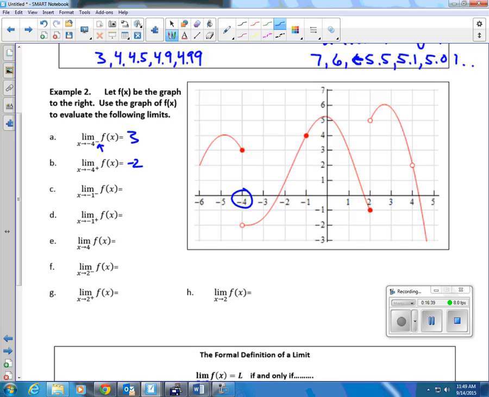However, I'm going to make a statement here. f of -4 is equal to what? What is f of -4? If you plug in -4, you get an output of 3. So notice that the output is different than one of the actual limit values, correct? It's the same as one, but it's different from the other, isn't it?